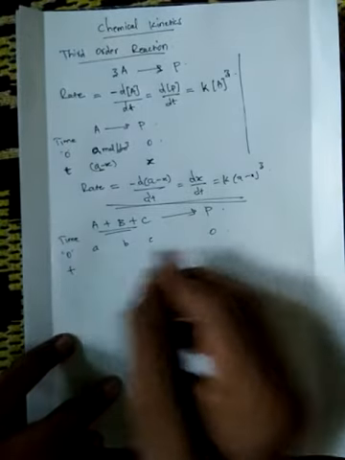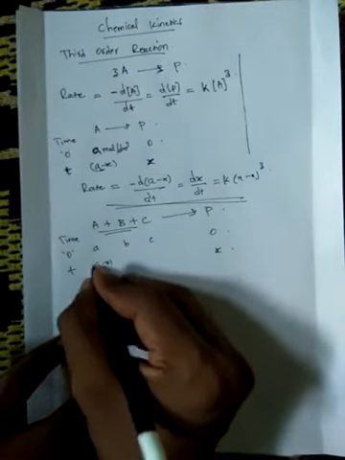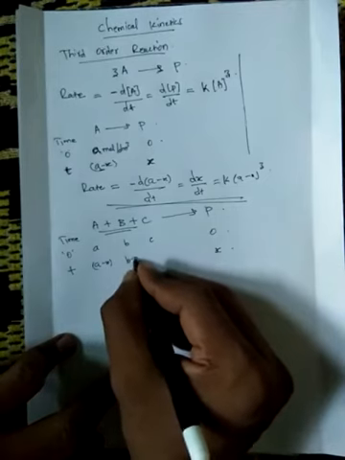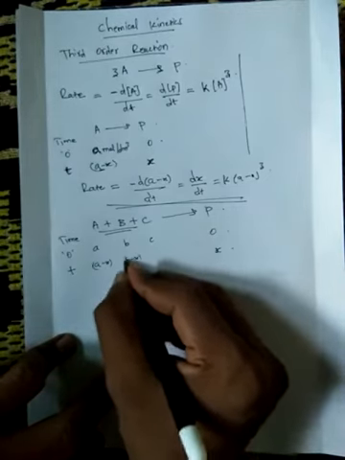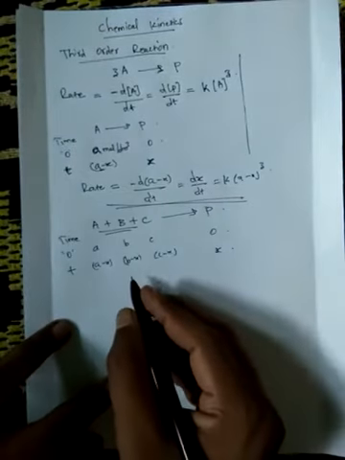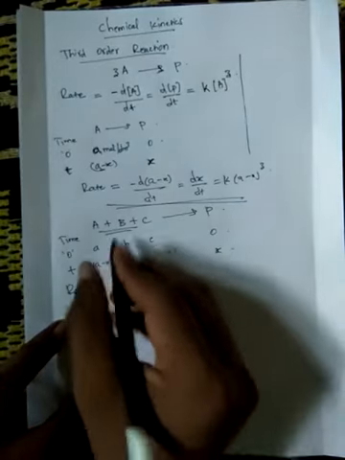After some time t, x mole of product is formed. A minus x mole of A will be remaining unreacted, B minus x, and C minus x at time t. Now I'm going to write the rate for this type of reaction.